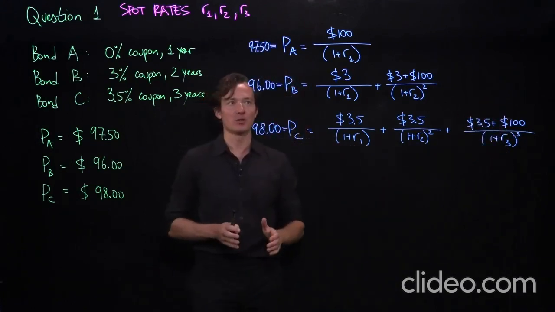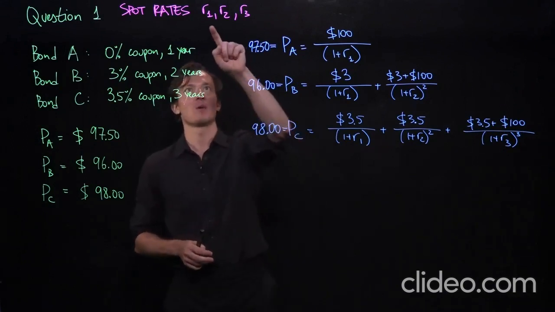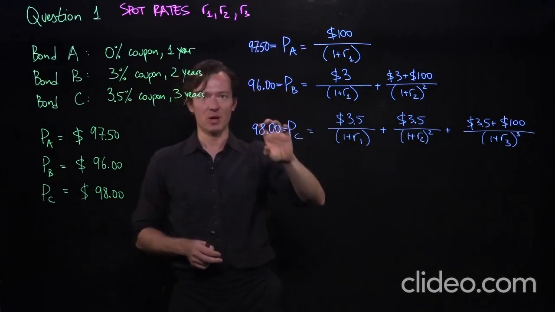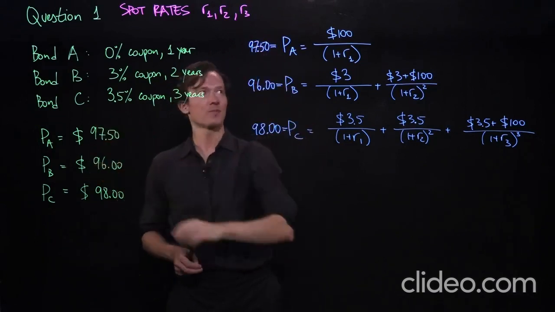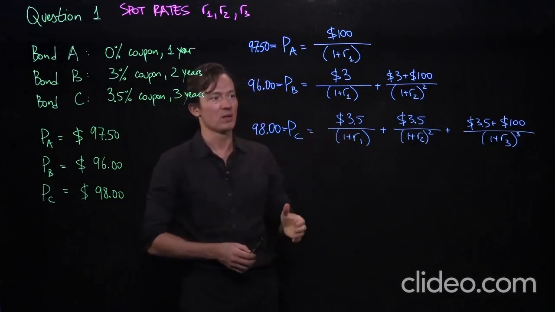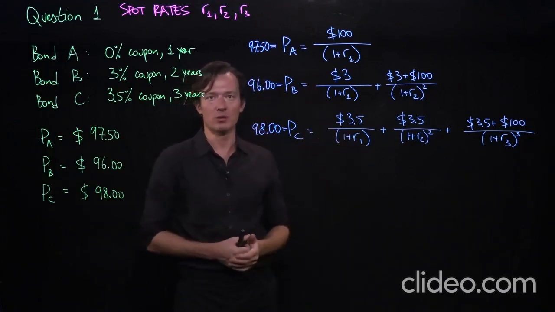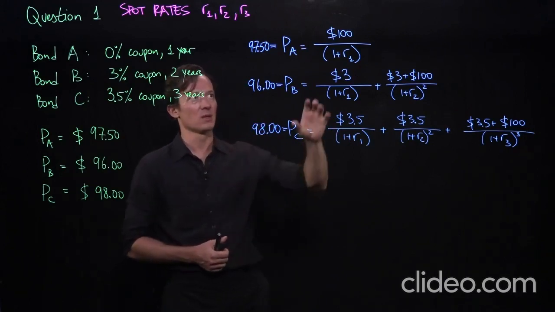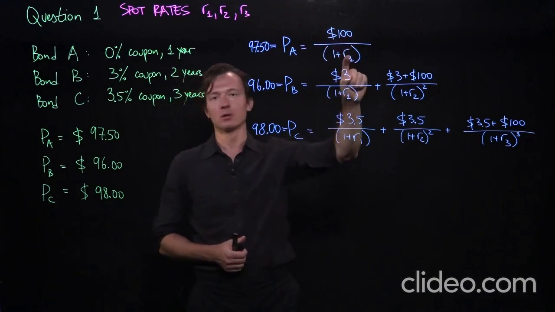Now, the goal is to find spot interest rates R1, R2, and R3. I've written down the prices of these bonds right here, so they're given to us. So what we effectively have here is a system of 3 equations with 3 unknowns. And notice that this is an easy system to solve in the sense that the first equation has only one unknown, R1.